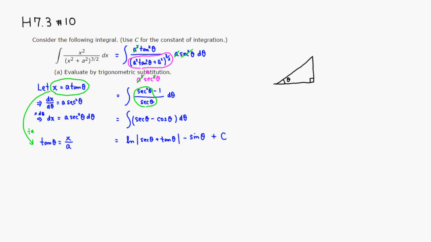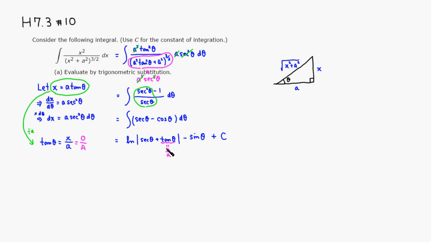Tangent is opposite over adjacent, so we set the opposite to be x and the adjacent to be a. Using the Pythagorean theorem, the hypotenuse is the square root of x squared plus a squared. We already know tangent of theta is x over a.